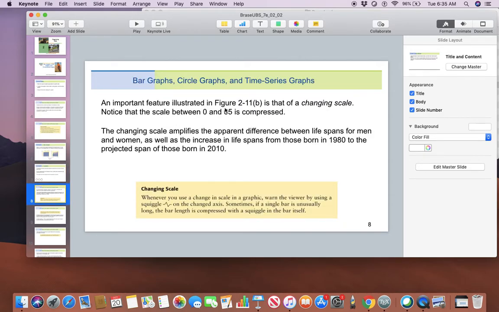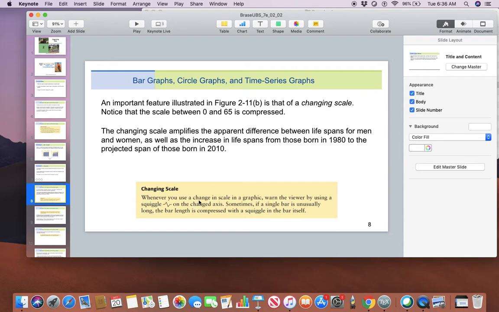An important feature illustrated is that of a changing scale. Notice the change of scale between 0 and 65 is compressed. The changing scale amplifies the apparent difference between lifespans for men and women, as well as the increase in lifespans of those born after 1980. So you see changing scale.